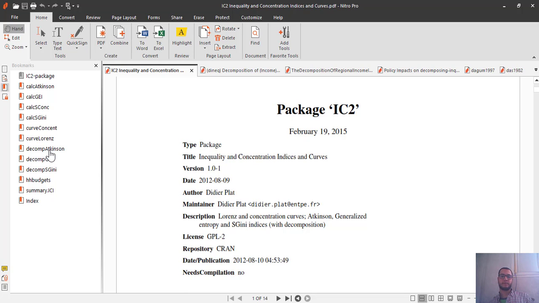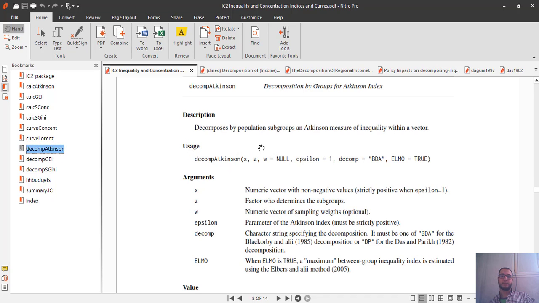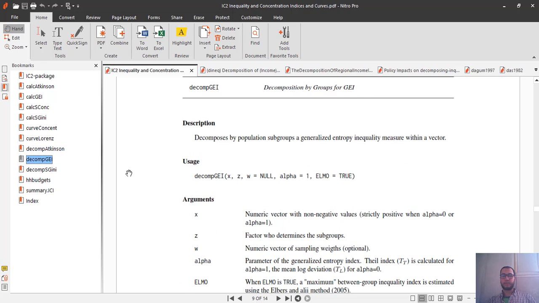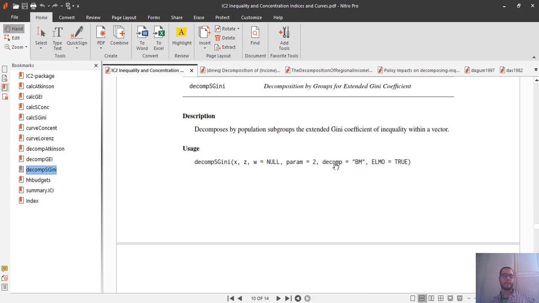Here you can decompose the Atkinson by population subgroups, and the Atkinson measure of inequality within a vector. You can also decompose generalized entropy and also decompose the Gini coefficient.